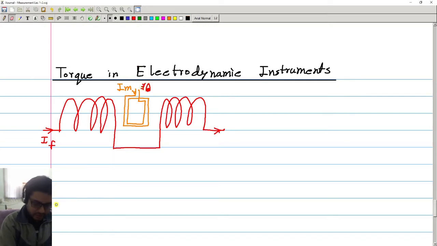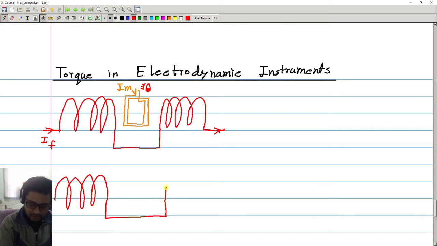Okay, then we have these two coils, and this you can only see its cross section, so maybe something like this. Okay, it will be very narrow.